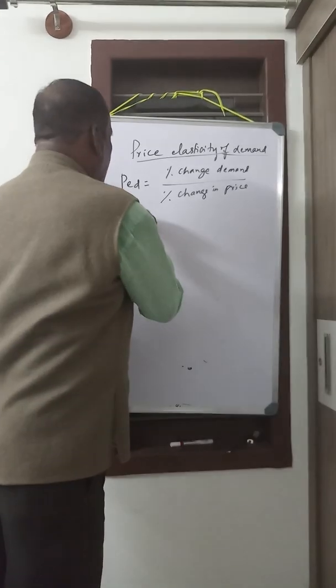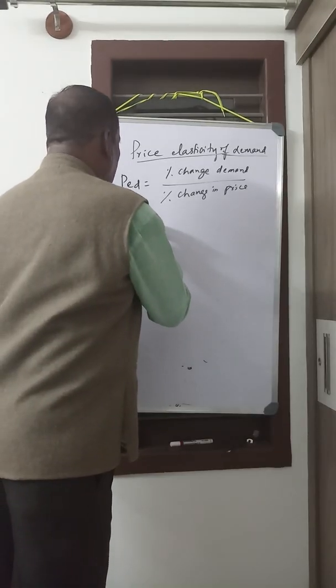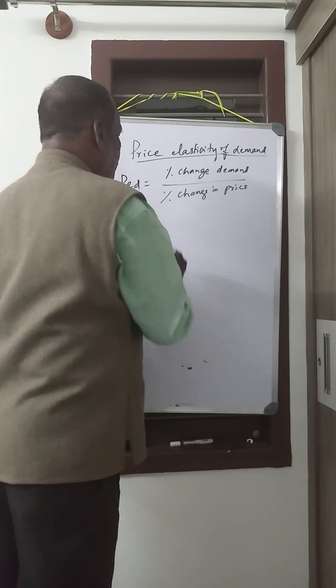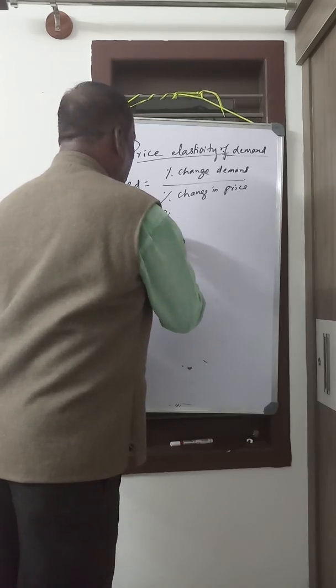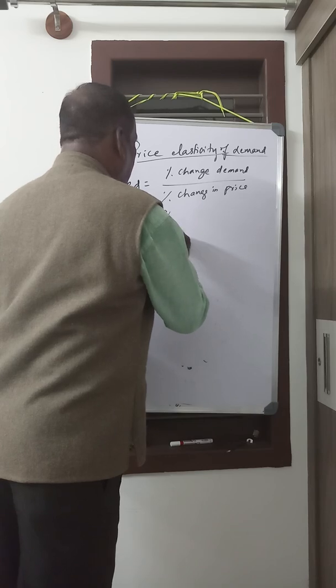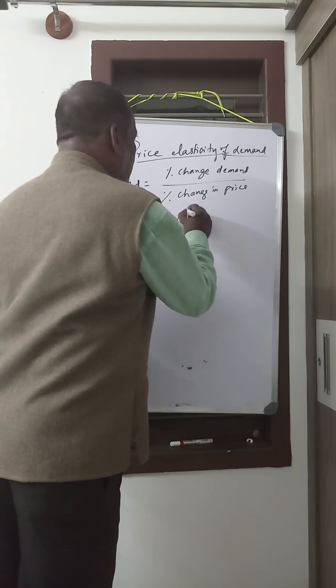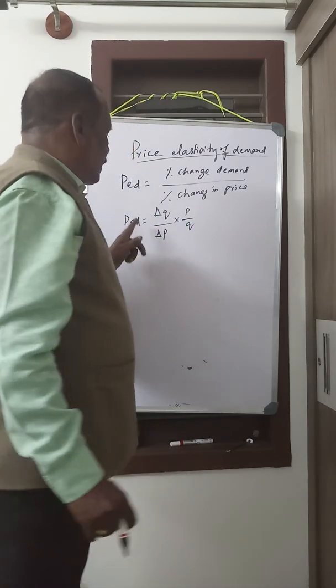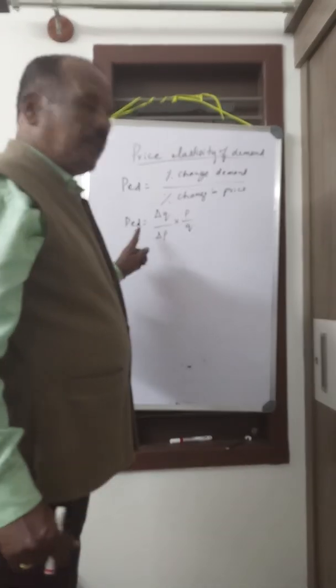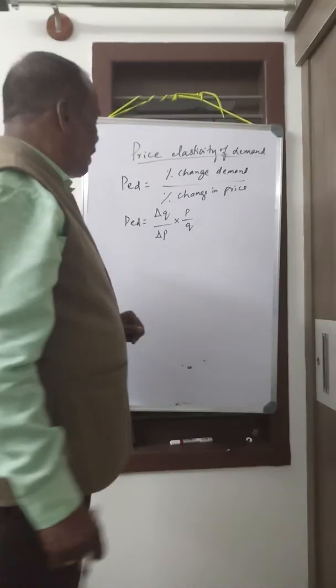Algebraically, it can be written as PED is equal to delta Q divided by delta P into P divided by Q. What does it tell? PED is equal to price elasticity of demand.